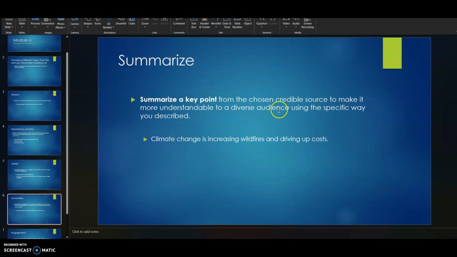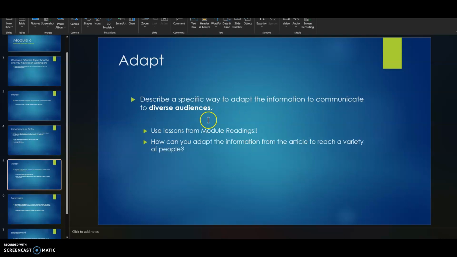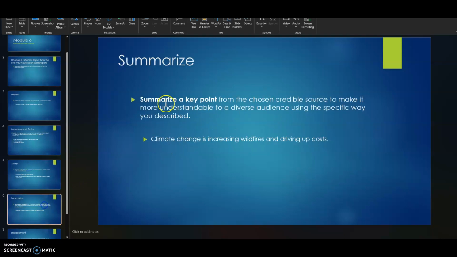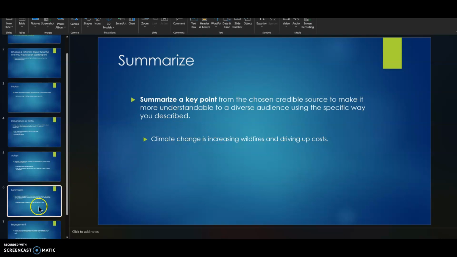And so the specific way is that I decreased the verbiage to make it more concise. This is a lot more understandable than having this said in 5 sentences. So you'll have to decide what specific way you're going to adapt your information and then summarize that key point to make your information more understandable.